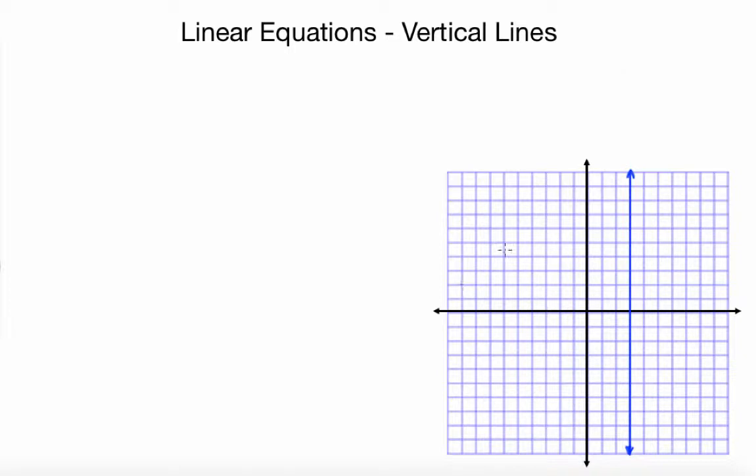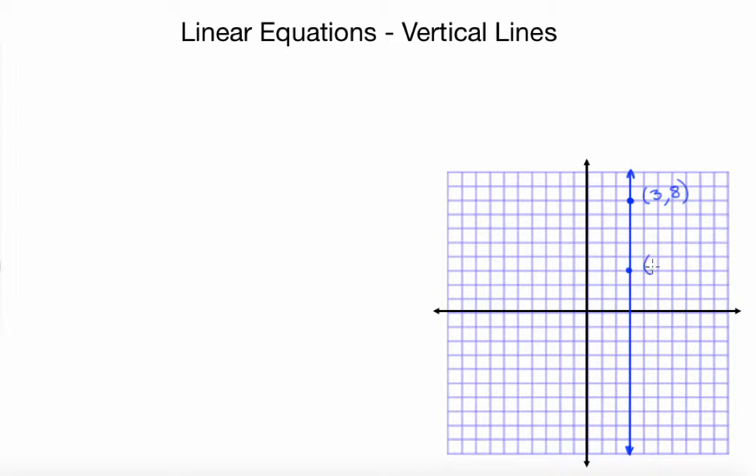So I've got a vertical line drawn out here on a graph. And vertical lines are just a line that's straight up and down. So let me pick some points here and then we'll start digging into this. If I pick some points on this line, this first one has the coordinates 3 for x and then up 8 for y.